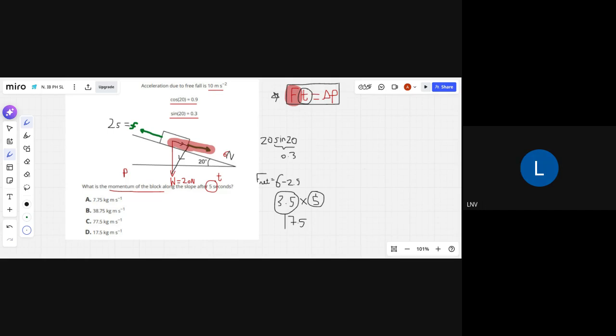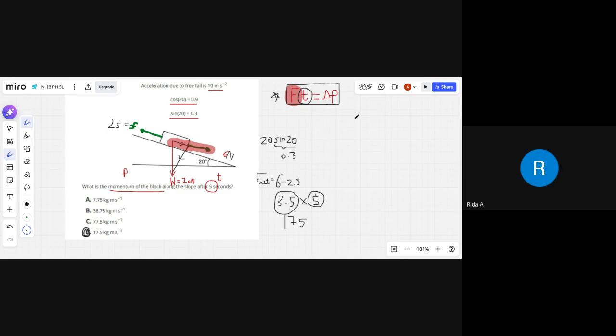Then you multiply acceleration by 5, which is now velocity, and then multiply by the mass to find the momentum. That sounds good. It's pretty much the same thing.